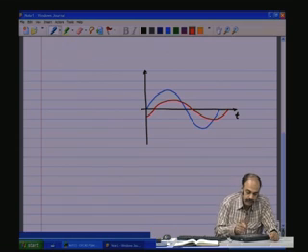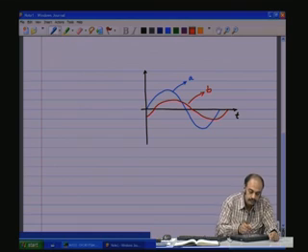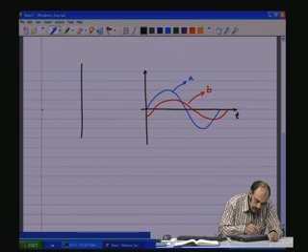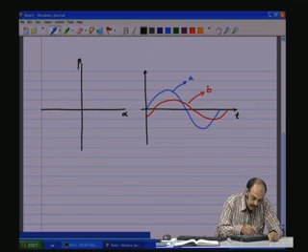So, this is another. Let me call this one A, and let us call this waveform B. Now, let us try to project this onto the spatial coordinate system, that is the alpha and the beta axis system. So, this is the alpha axis, this is the beta axis, the orthogonal axis, and this is the center 0.